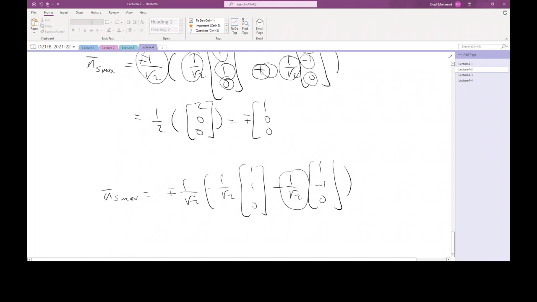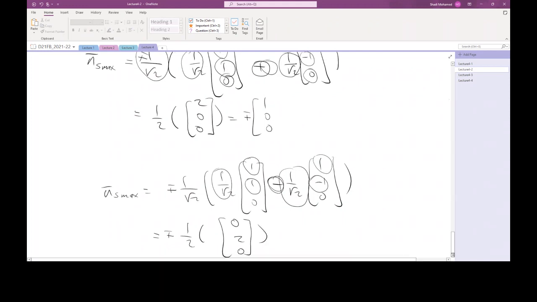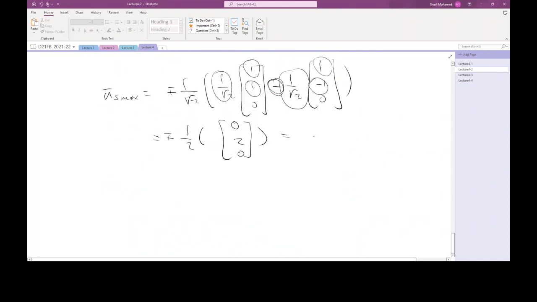So again, take this as a common factor. You will have plus minus 1 over 2 multiplied by 1 minus 1, which is going to be 0. I have 1 plus 1, which is going to be 2, and then I have 0 left at the bottom. And then the other possible direction is going to be plus minus 0, 1, 0.